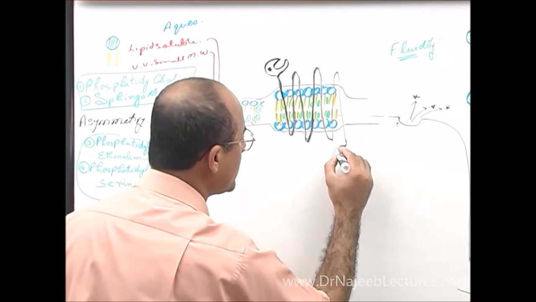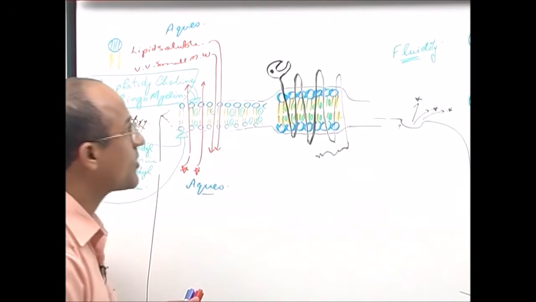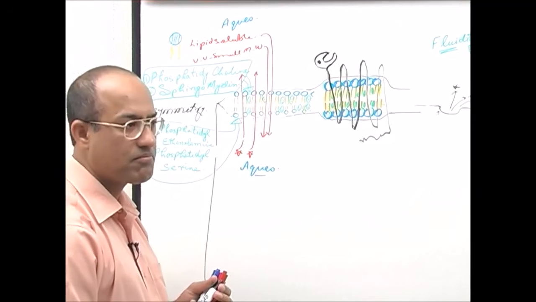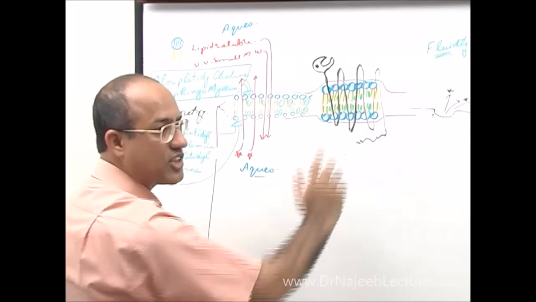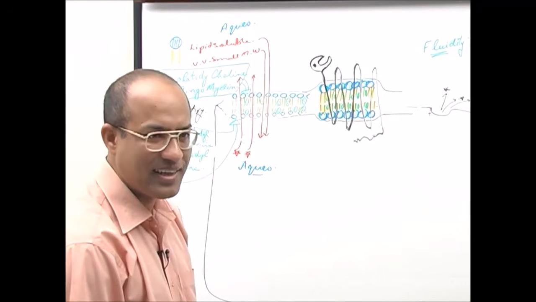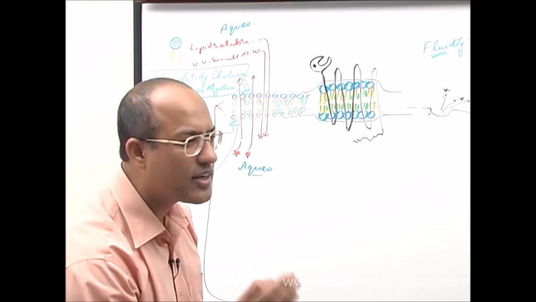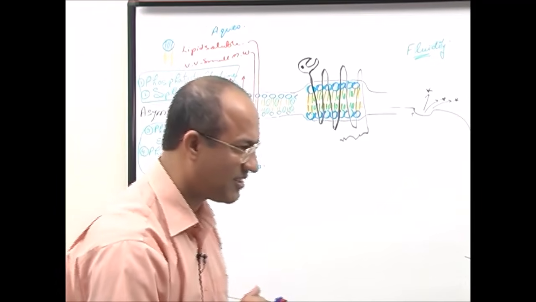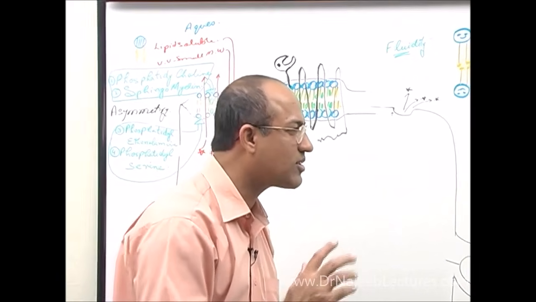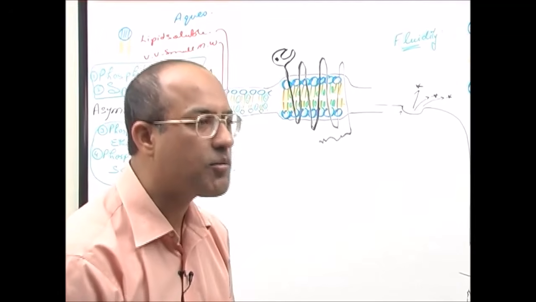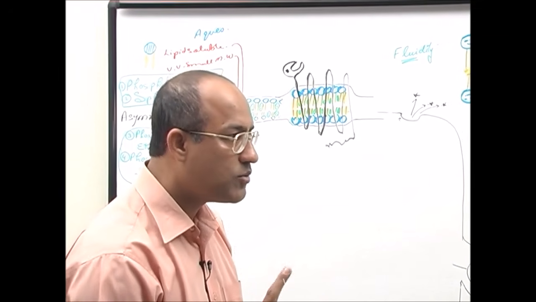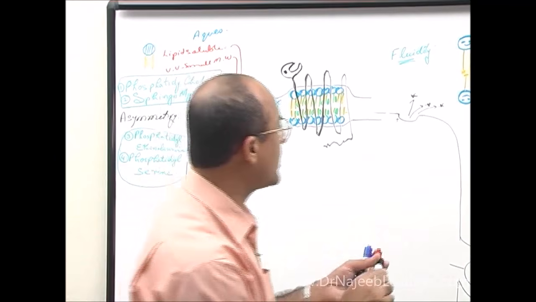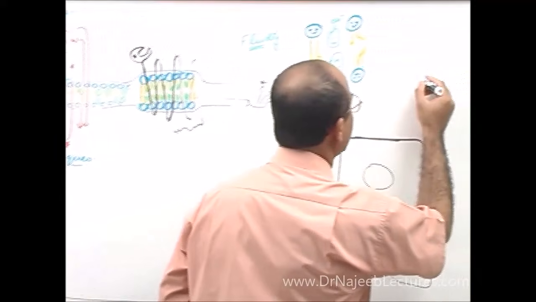Can you tell me what this is? In your medical studies, you will come across something like this again and again. These are a special type of receptor proteins. Now let me tell you what a receptor is. Receptors are special macromolecules which will bind with a, okay, let me make a simple receptor.